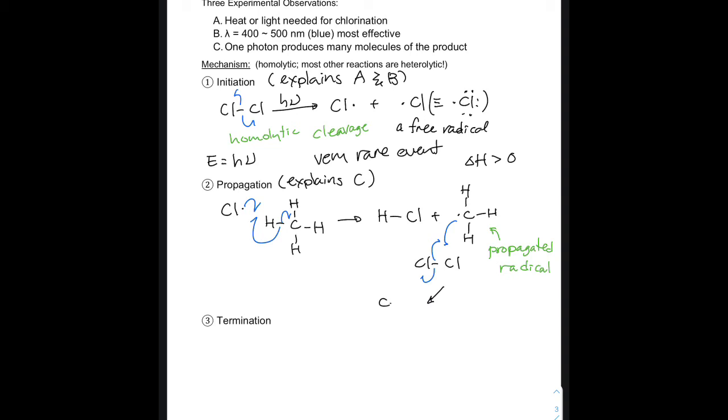you end up with a product molecule, but very importantly, a chlorine radical is propagated, right? So this is our product, but then we have the propagated chlorine radical, and this can continue the reaction, and that's called a chain reaction, because the product of the reaction is what keeps the reaction going.